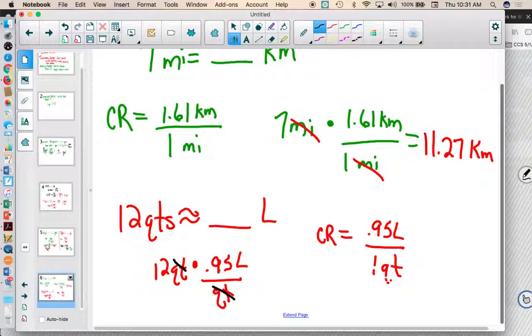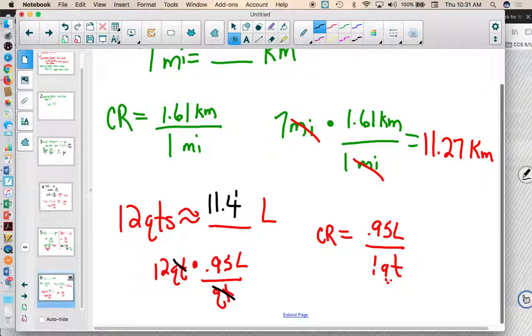Use your calculator. One quart equals how many liters? 11.4. Did you take 12 times 0.95?